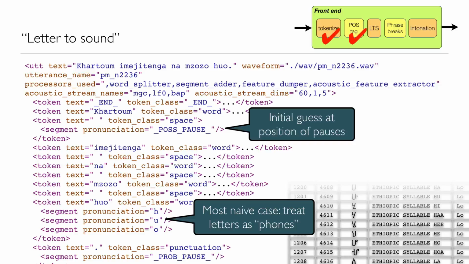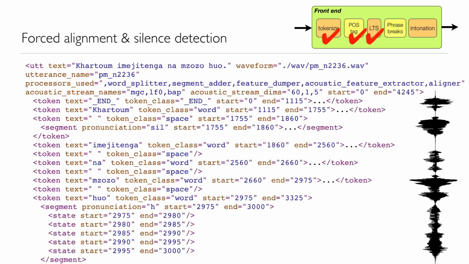Before sending this data to an aligner to get time alignments, we also make an initial guess of where to put silences, possible or probable pauses, and we can do that just by hypothesizing that there'll probably be a pause at a punctuation mark and possibly at white space. Given that, we can do an alignment.